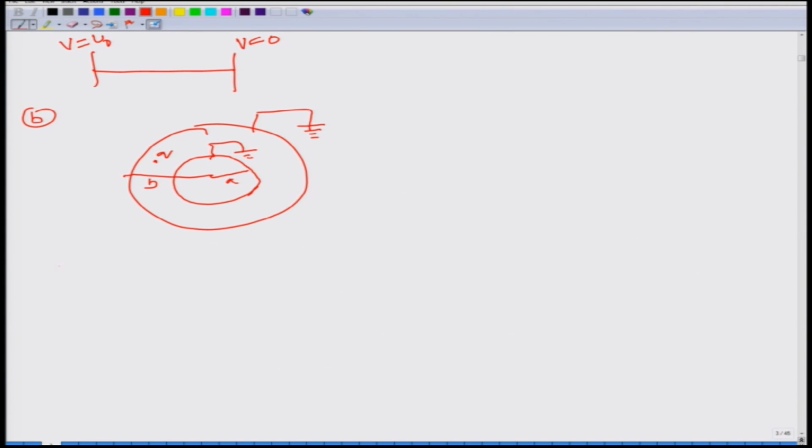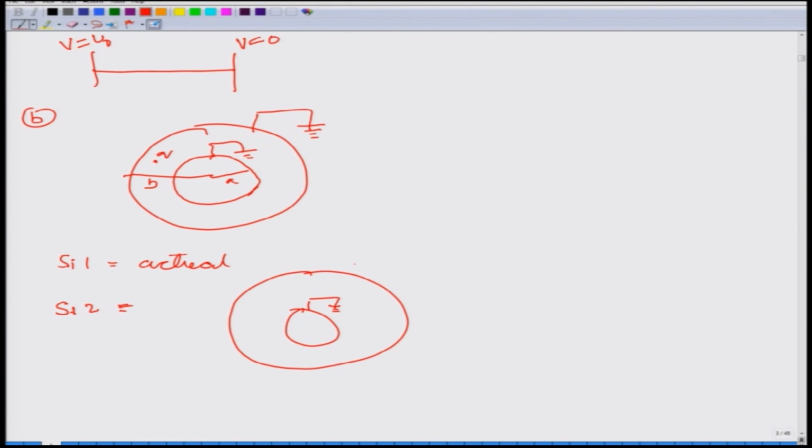So the situation that you choose will be one where the inner one is still grounded, but the outer one is at some potential V equal to V0, and then you apply the reciprocity theorem.